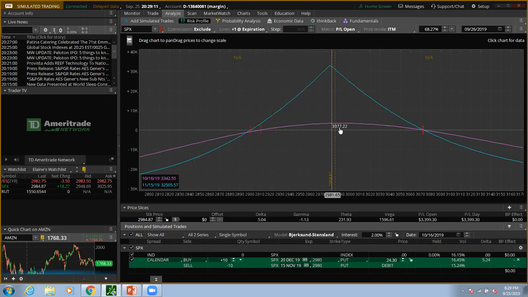The reason that matters is we can say we do have a gap down. If this line is real flat and we gap down, you're not riding much of a slope, but the slope gets steeper and steeper, and at expiration it would be like this. And so we don't want a situation where we lose $20,000.